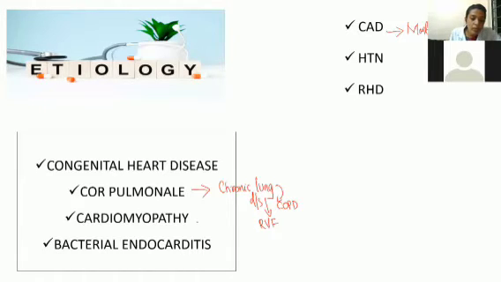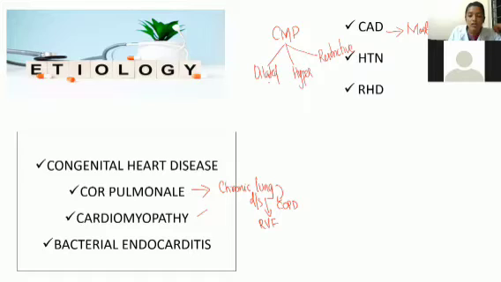Then cardiomyopathy. Cardiomyopathy is the structural changes in the heart. Cardiomyopathy is again divided into three: dilated cardiomyopathy, hypertrophic cardiomyopathy, and restrictive cardiomyopathy.